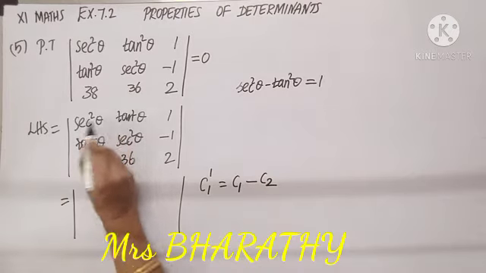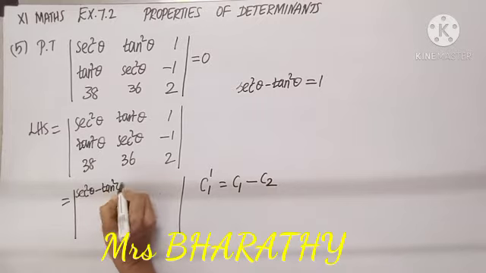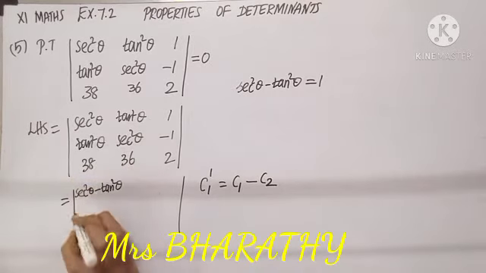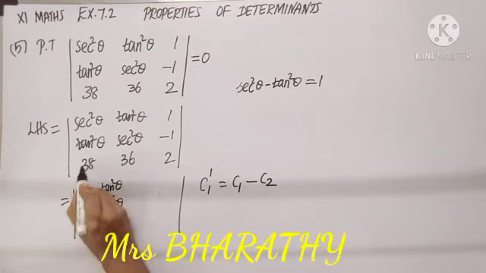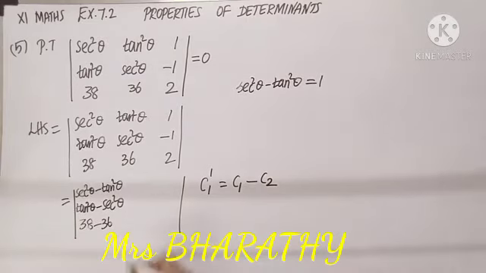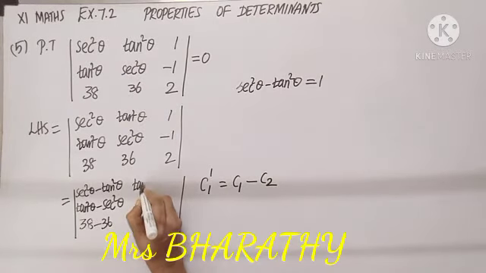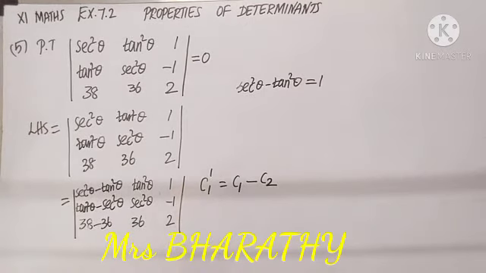So, I am subtracting: secant square theta minus tan square theta. Here, tan square theta minus secant square theta. Here, 38 minus 36. Second column, let us copy as it is. Third column also we can copy as it is.